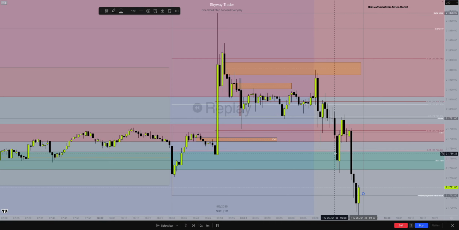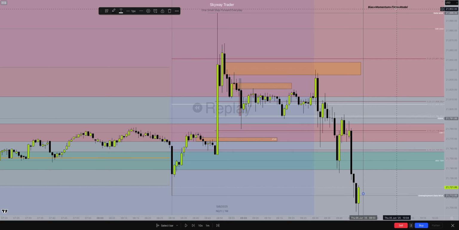Momentum was there. We had momentum to the downside. Time, out of macro, the only thing that made sense is 9:30. But again, if I'm talking about time, I'm usually talking about a macro time, where we know that price is going to move towards liquidity or do something, generally speaking.